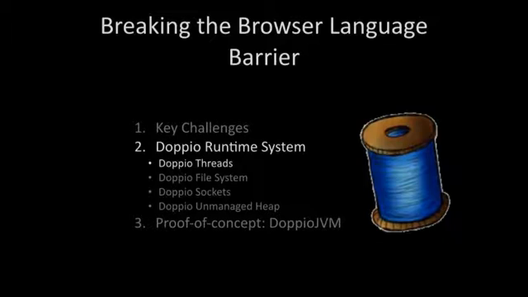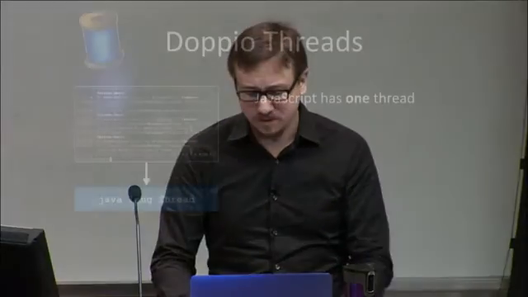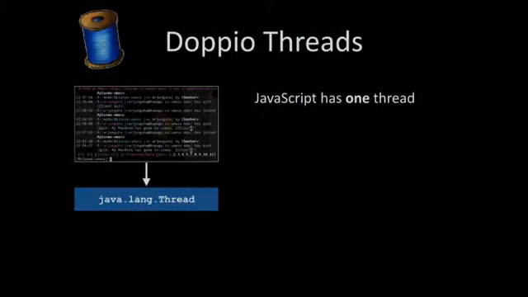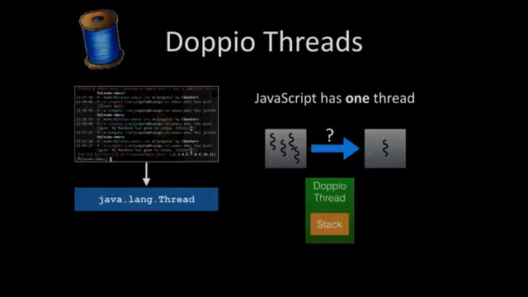First, let's talk about Doppio's threads. As discussed previously, the chat client encapsulates each individual server connection in its own thread. This is problematic in the browser because JavaScript only has one thread. How might we map multiple language-level threads onto one hardware thread?